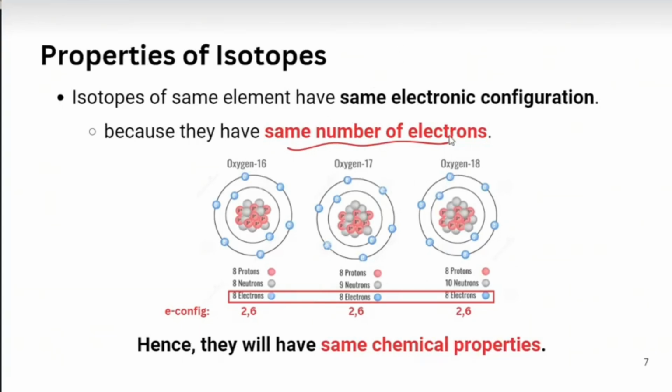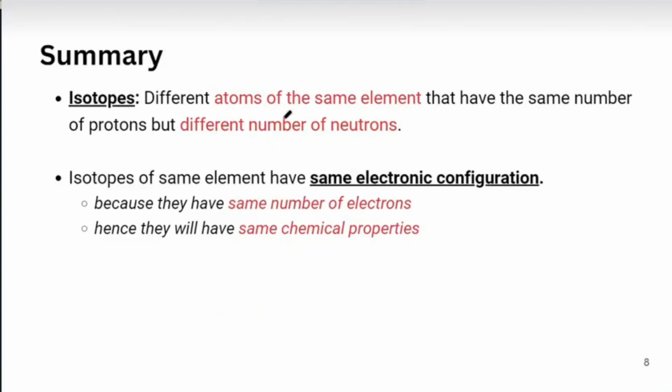So since they have the same number of electrons, they have the same electronic configuration. For example, oxygen 16, 17, 18, their electronic configuration is 2, 6. Right? They are all 2, 6. So since they have the same electronic configuration, they will have the same chemical properties. Alright? So this is today's lesson, what isotopes are and the properties of isotopes.